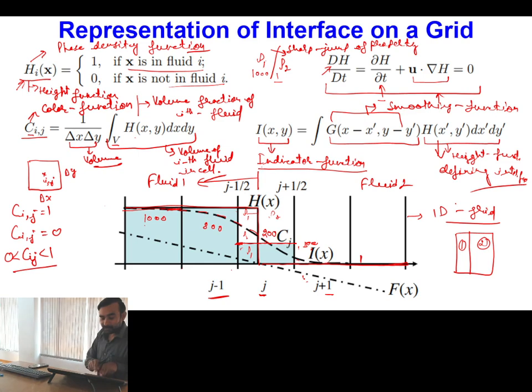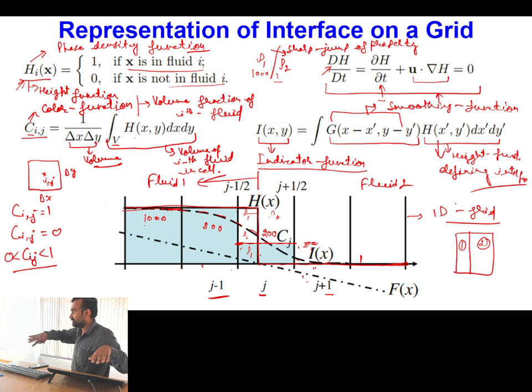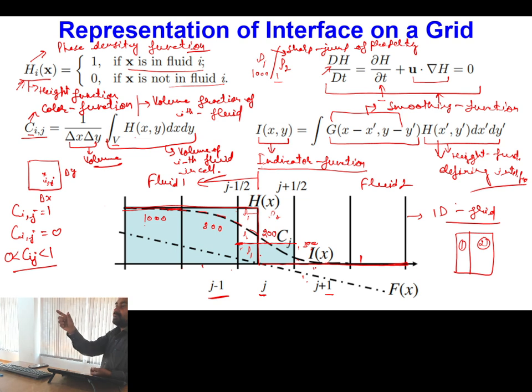However, I cannot use the indicator function for defining the interface, because if I do, will my interface be in this cell or in this cell? That will become a problem. The interface will be diffusing into multiple cells, so the interface will have some finite thickness, which actually violates our physical scenario of the sharp interface concept.